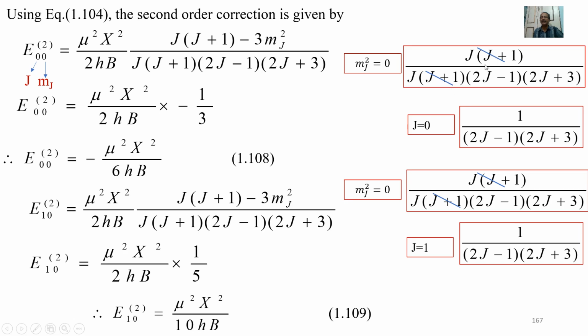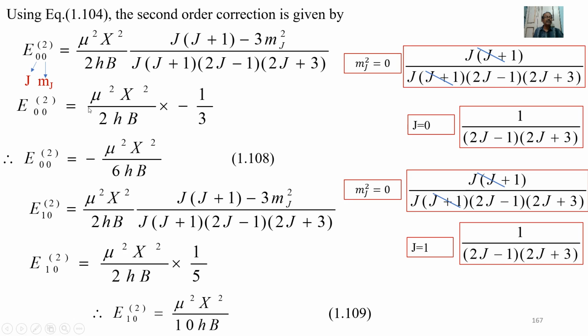The remaining term will be 2j minus 1 multiplied by 2j plus 3 in the denominator. Now you substitute j equal to 0 here. The first condition goes like this: j equals 0 and mj equals 0. So when j equals 0, this becomes minus 1, and this becomes plus 3. So plus 3 multiplied by minus 1 gives you 1 divided by 3 with a minus sign. So this is what is given here.